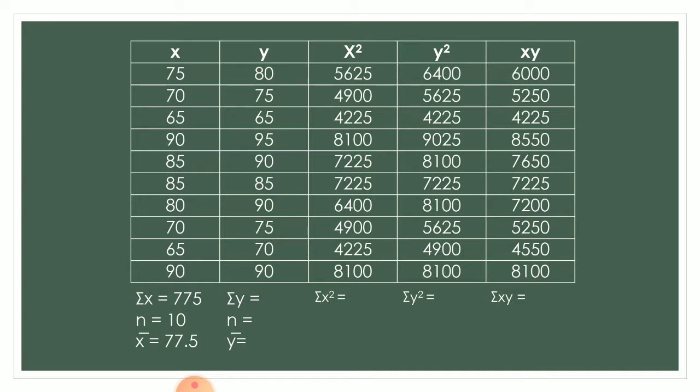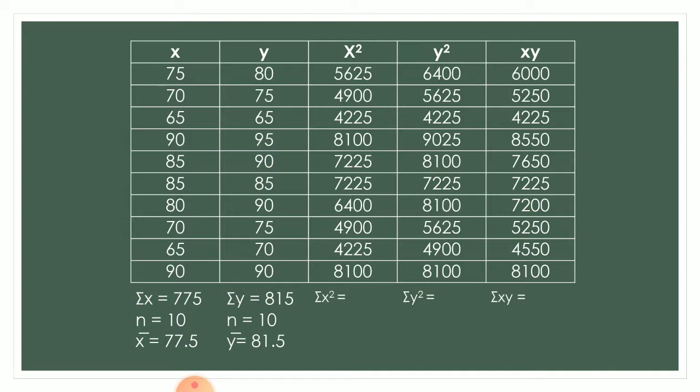Getting now the mean of x, that is 775 divided by 10, which is equal to 77.5. Next is the summation of y. Getting the sum of all the data under the y variable, that is equal to 815. Then 815 divided by 10 is equal to 81.5. That is your mean under the y variable.